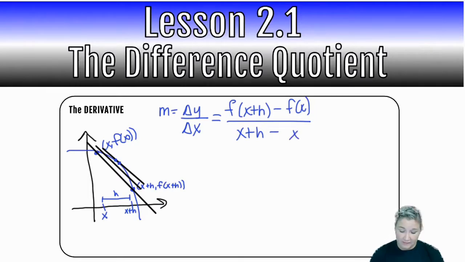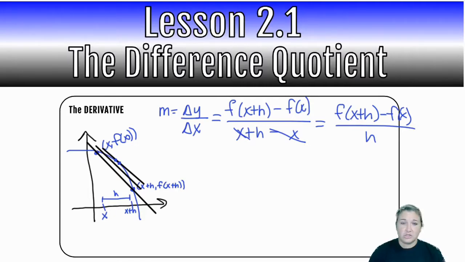Simplifying, we end up with f of x plus h minus f of x divided by h, because these two x's subtract out. So here we have our slope, the slope between any two points on our function.